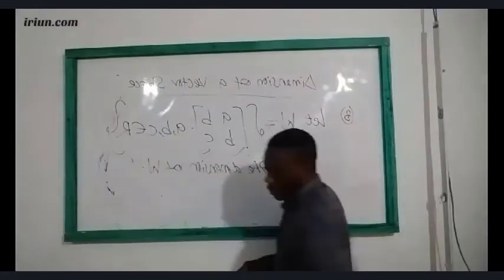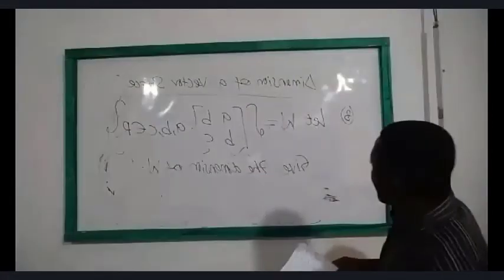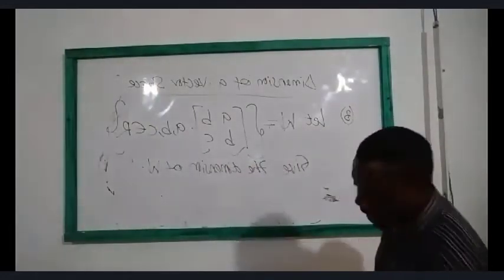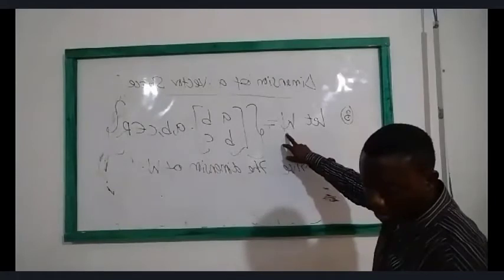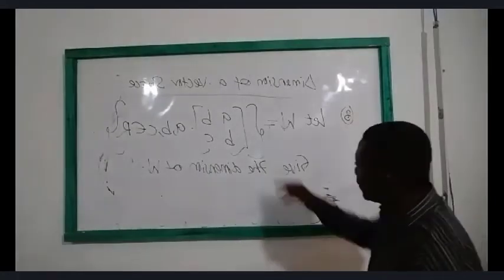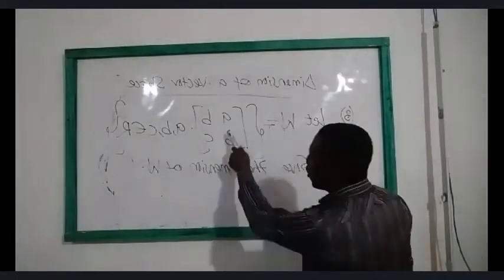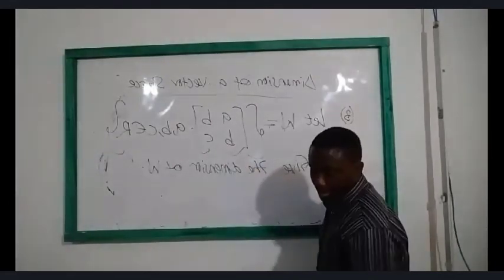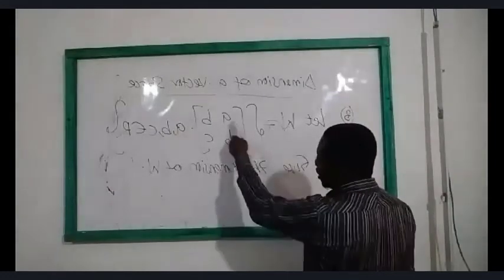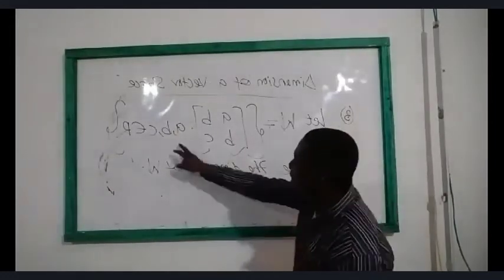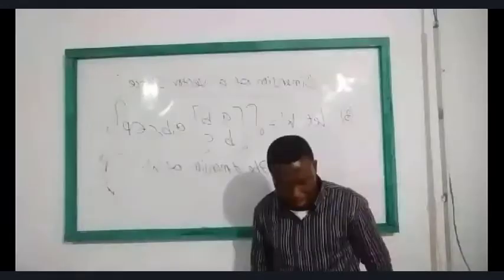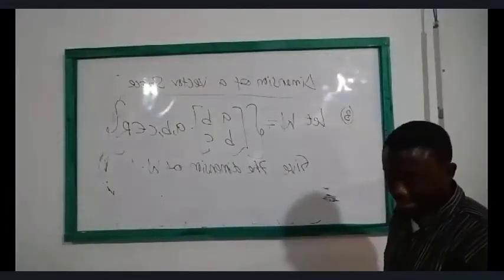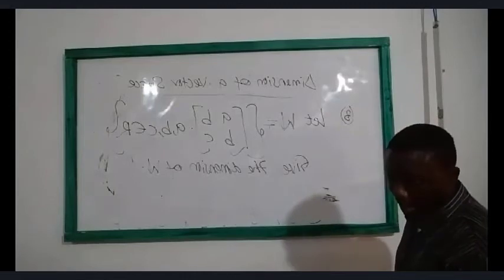Okay, so this time around, there is a matrix that is defined for us to be W. The definition is given that this matrix is formed by A, B, B, C. And they are saying that A, B, and C are members of the real numbers. So A, B, and C can be any real number.